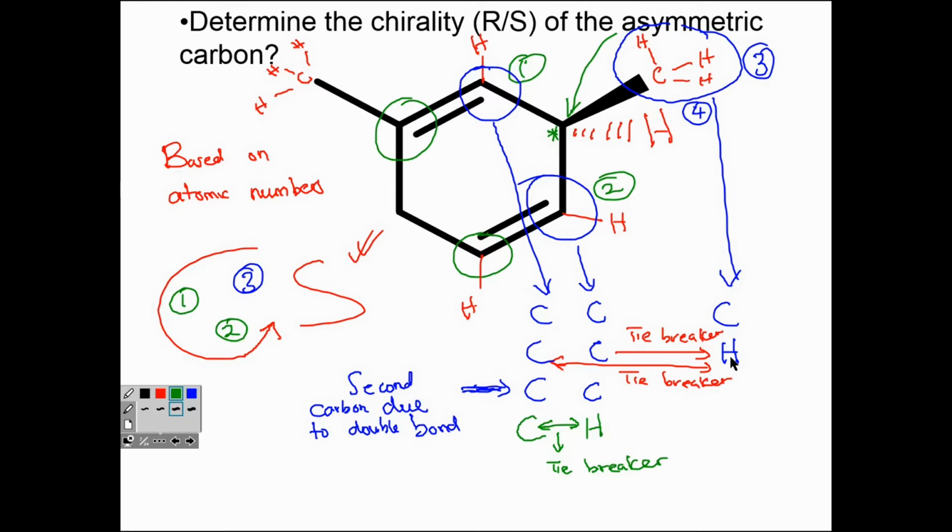We are looking to see where there's a difference, a tiebreaker, who wins. For this carbon here, you have it bonded to another carbon, so we write this carbon here, and the other carbon is this one. We put it here, but since you have a double bond, it's taken as if this carbon is bonded to two other carbons. So we put two carbons there.